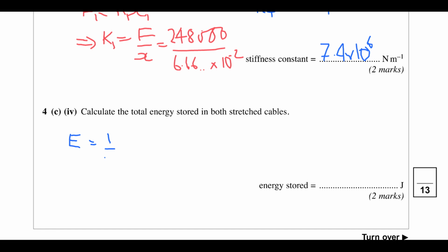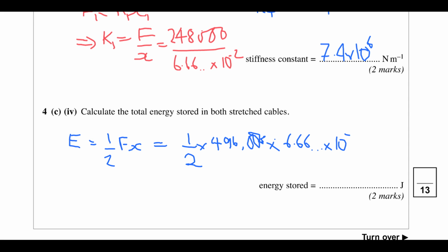So let's use half F X. So that's half times by the force acting to extend it, which is 49600, times 6.66, which is the extension, times 10 to the minus 2, which gives us a value of 1.65 times 10 to the 4.